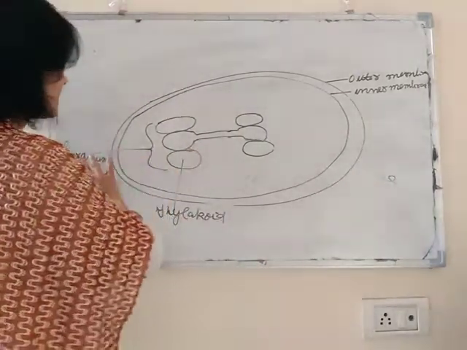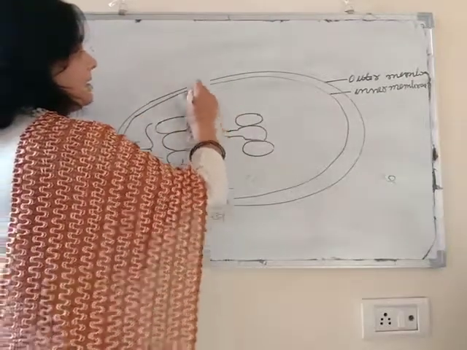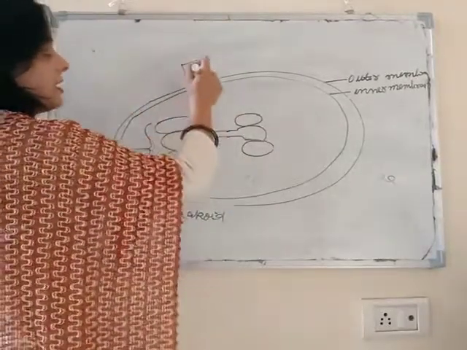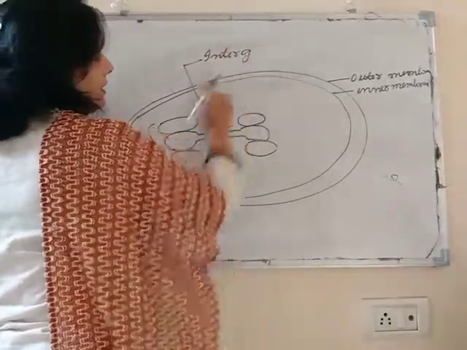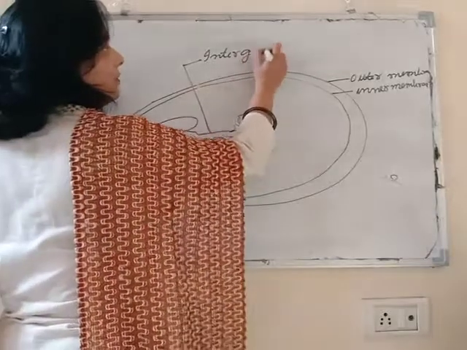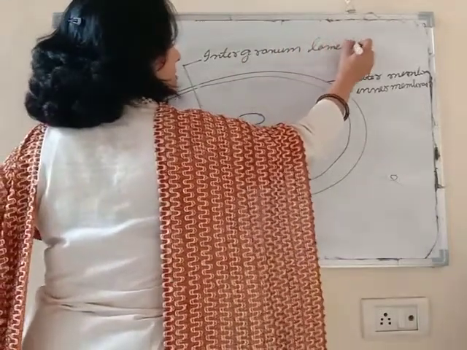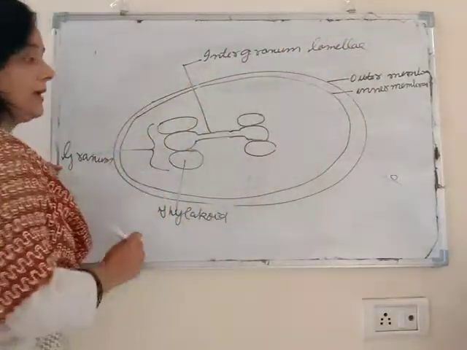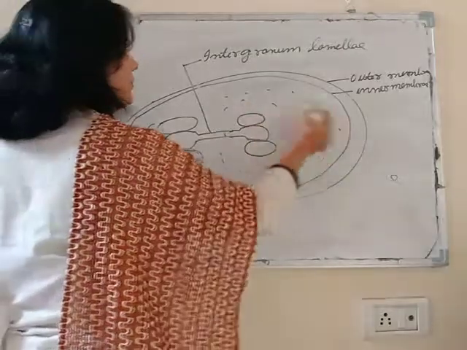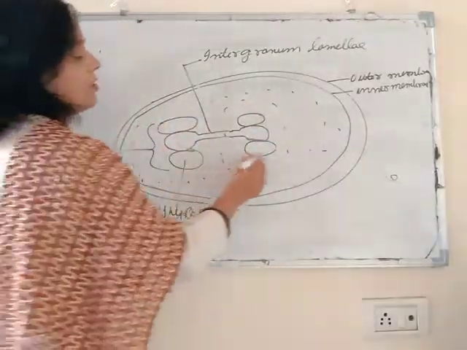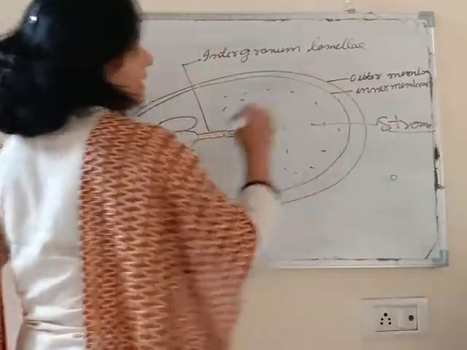One granum is connected to another granum by a tube-like structure which is called intergranum lamellae. Inter means between the grana. Intergranum lamellae are flat structures. There is a fluid inside the chloroplast, and this fluid is called stroma.